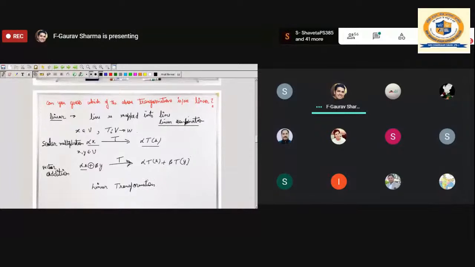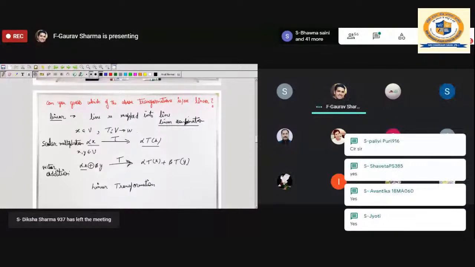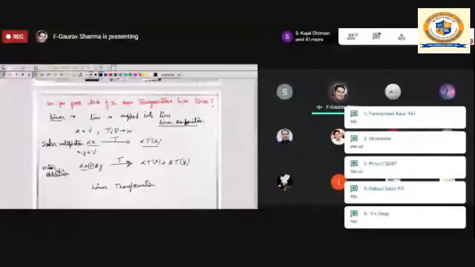If you understood this concept, why we are taking these preservations, scalar multiplication and vector addition, then please write yes. Otherwise, I will discuss it again, or we will define formally what is a linear transformation. If you have some intuitive idea after discussing this, then we can move further. Please write yes, or if you have any doubt, then you can write no.